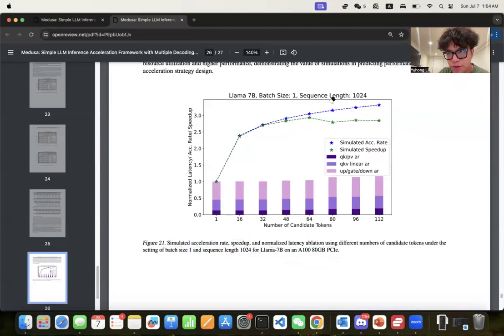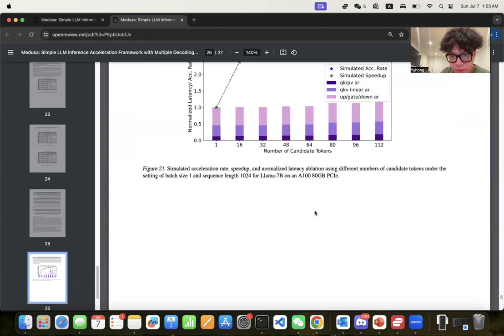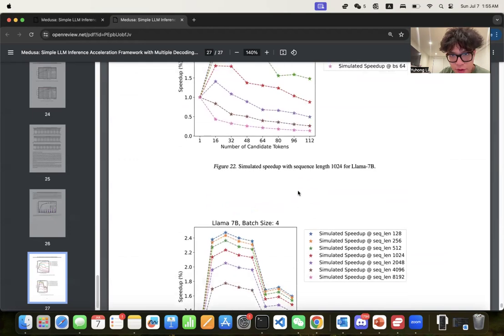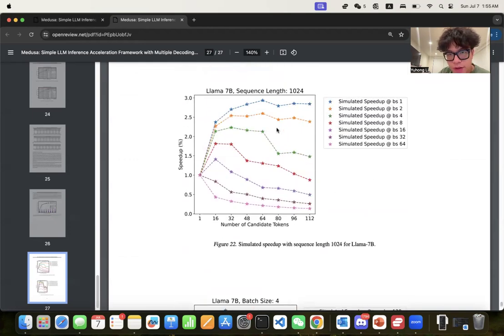If the model gets larger, we can use this very simple method to estimate Medusa's performance on a larger model, and on different architectures, like hardware architectures. There are also some very interesting tables you can read.